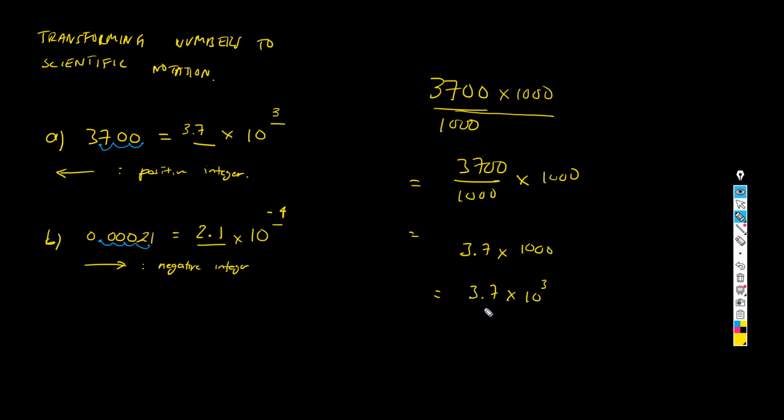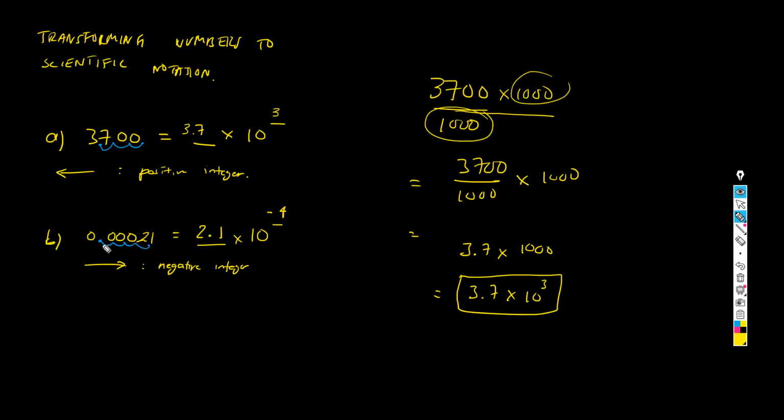That's very simple to understand, right? And that's it, guys. That's how we can convert this number into scientific notation with a logical method. What we're doing basically is multiplying and dividing at the same time by the same power of 10. In this case it is 10 to the 3.